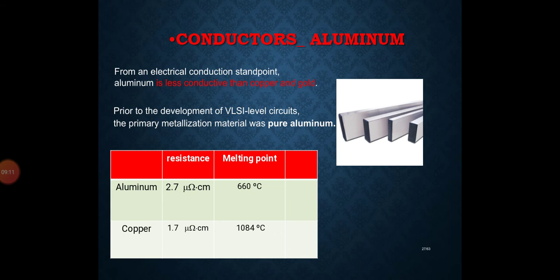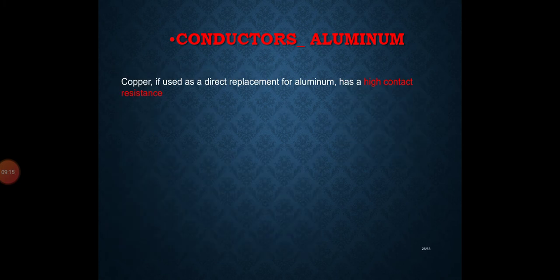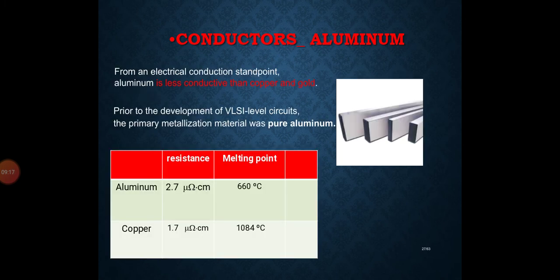Why do we choose aluminum? There are different reasons. The thickness of aluminum is about 1 micrometer, and the width is about 2 to 25 micrometer. The use of aluminum offers the following advantages in early technologies.